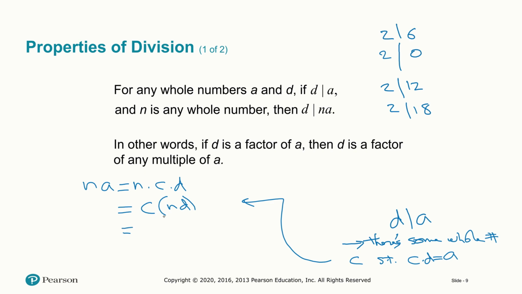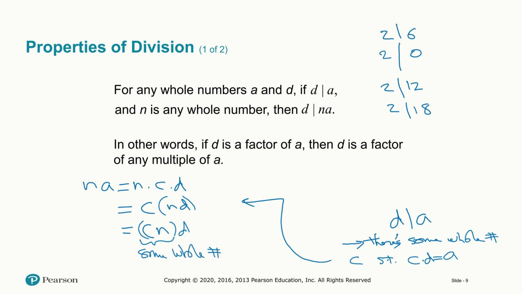Also, if we use the associative property, and commutative property if you want, but here we only need the associative property, you can do cn times d, and therefore we know that na is also going to be divisible by d, and the constant that was guaranteeing that a is divisible by d, multiplied by another whole number, is also going to be some whole number.